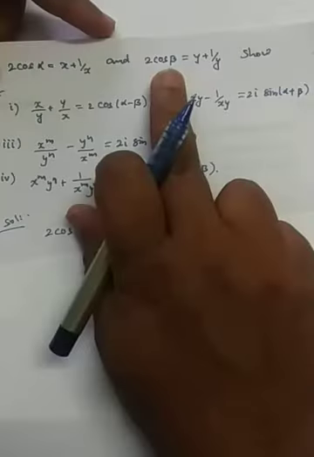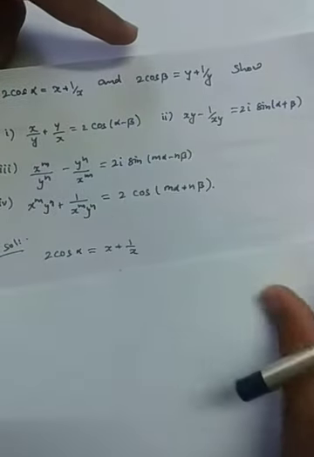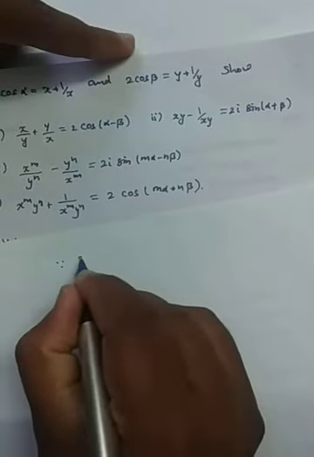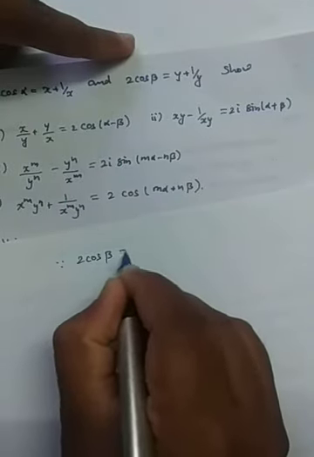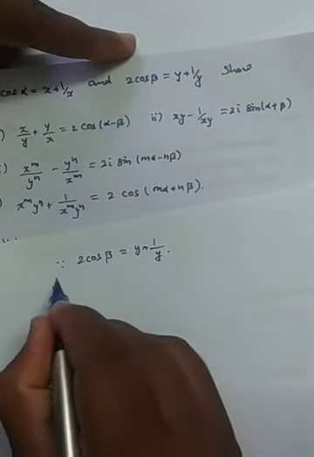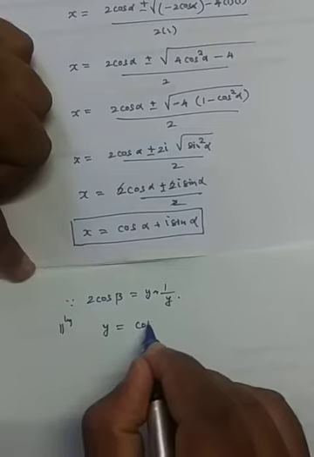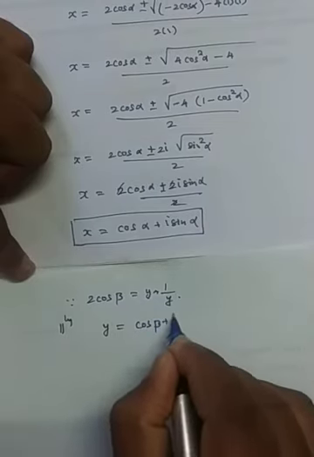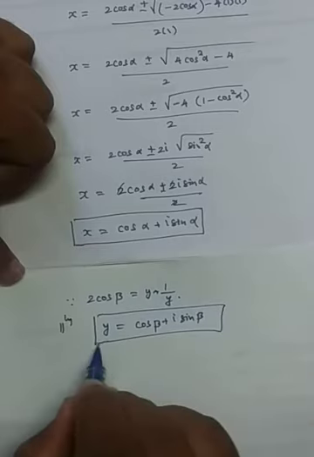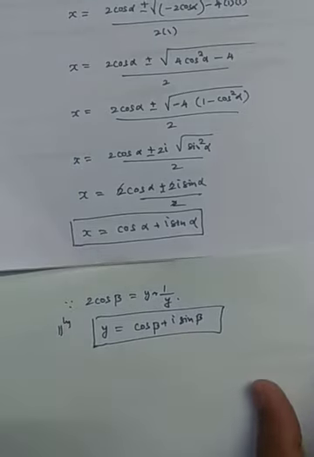Now the 2 cos beta question also: similarly, since 2 cos beta equals y plus 1 by y, we can write y equals cos beta plus i sin beta. So this is the y value. Similarly we have solved, no need to write separately; this is just workout.